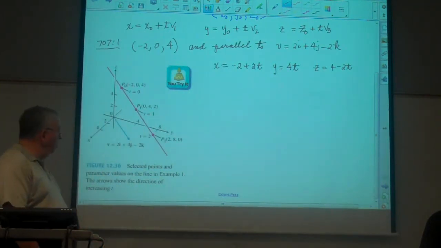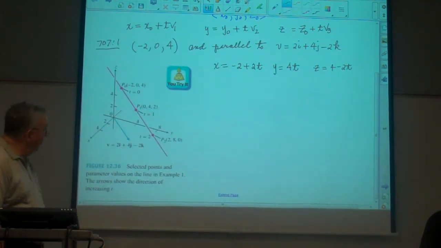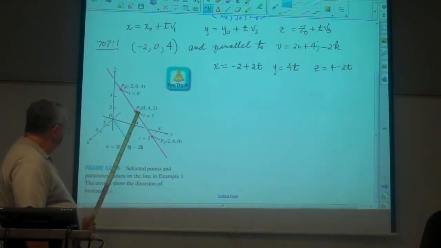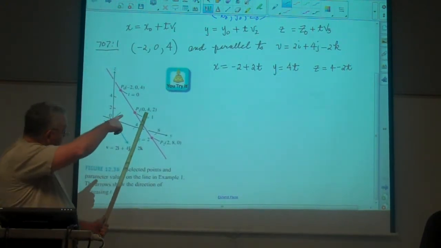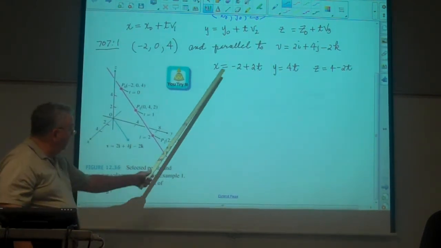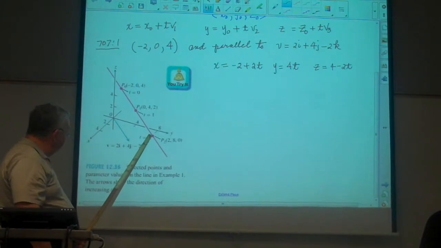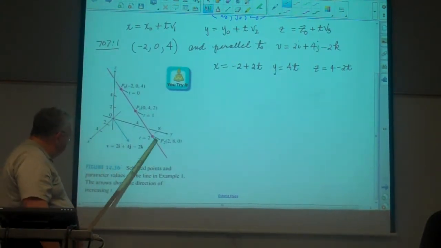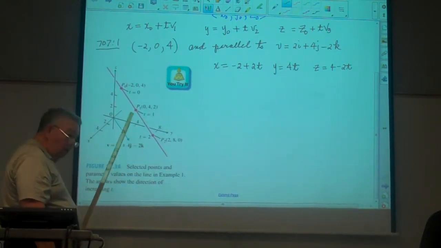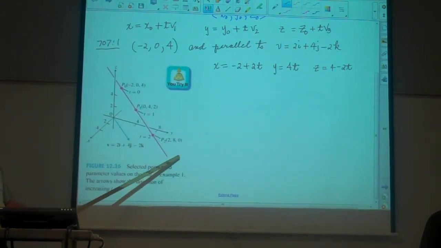But then what they're showing you is that if you let t equal 1, you go to this point by just substituting in, right? And by t equal 2, you go to that point. And they plotted all 3 points for you so they could show you that they are indeed on a vector parallel to the given vector.